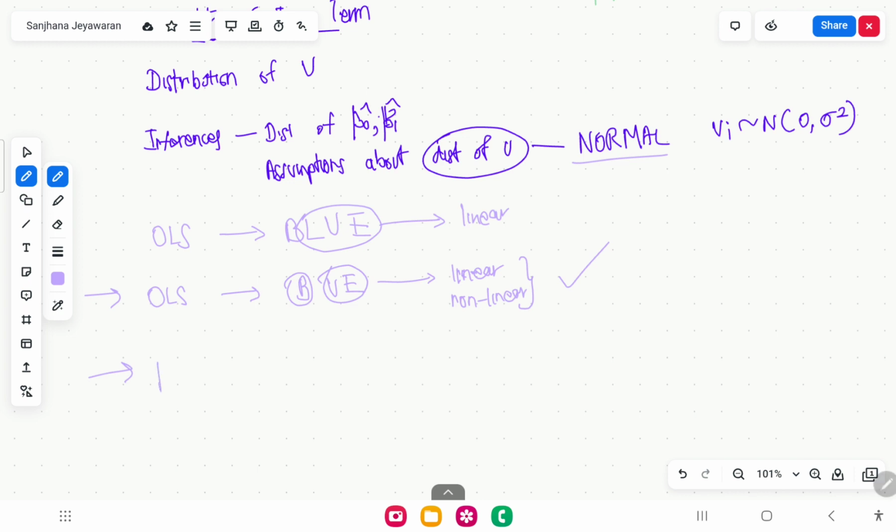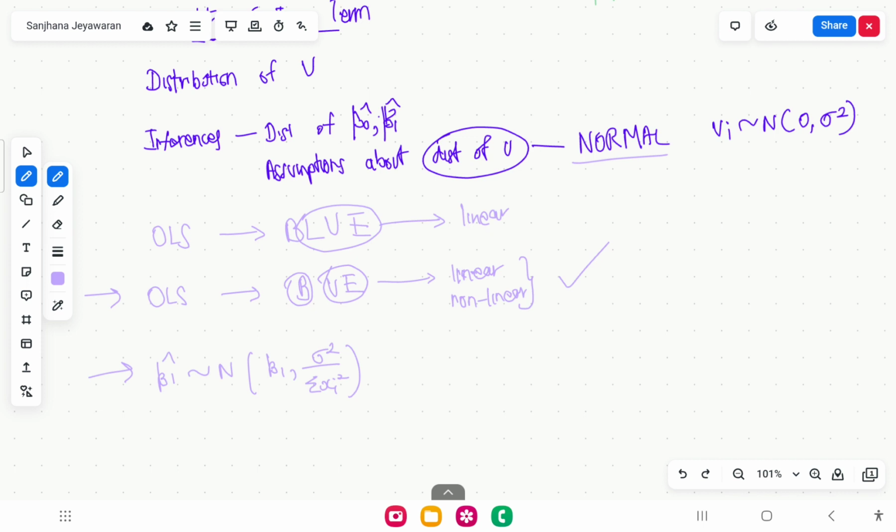So beta 1 is said to follow a normal distribution with mean beta 1 and standard error, as we have learnt already, sigma square over sigma x_i square. So we know the exact sampling distribution of the regression estimators based on the fact that the distribution of U is normal, and since we know that exactly, we can carry out the hypothesis test with more precision.